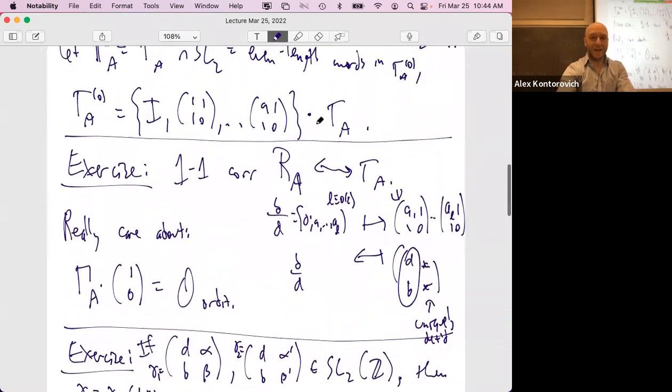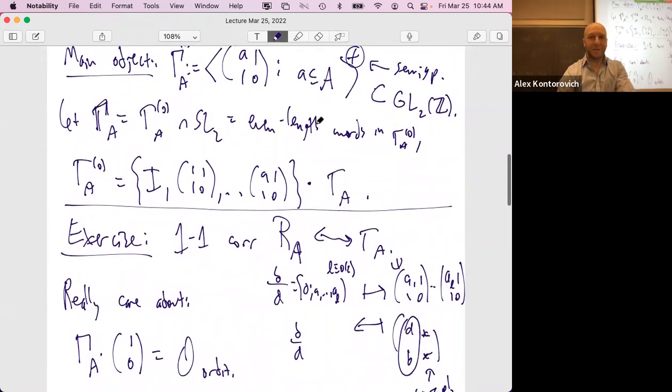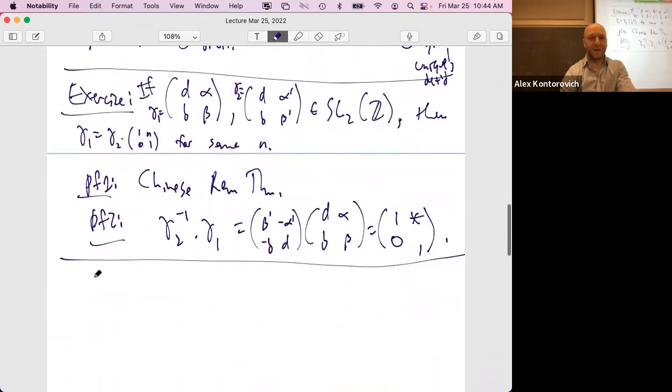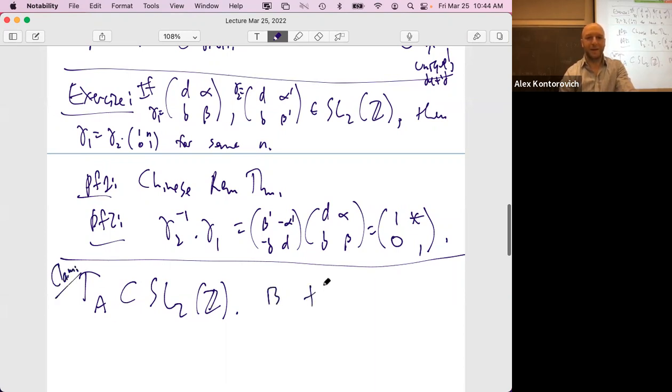Now this gamma A is a subset of SL2Z. And I claim that this thing is thin. So this is sort of a definition by example. My claim is that gamma A in SL2Z is thin.